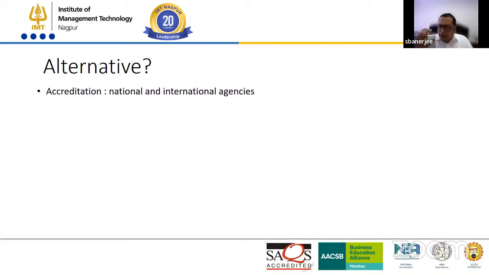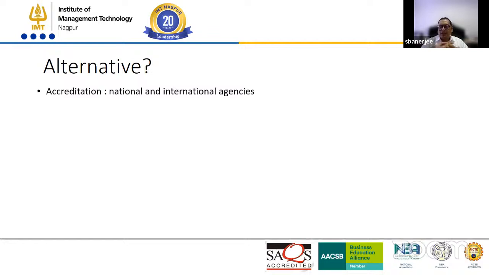Now, these are the agencies that provide a certification of quality, that is accreditation, only after very thoroughly and rigorously going through the entire process of the institute in terms of its academic process, its student support process, its process in terms of the industry academia interface.